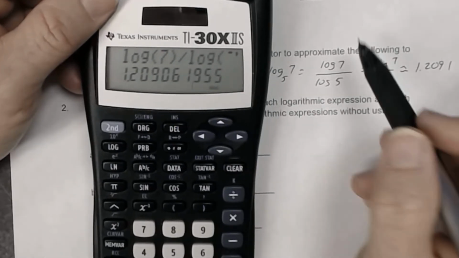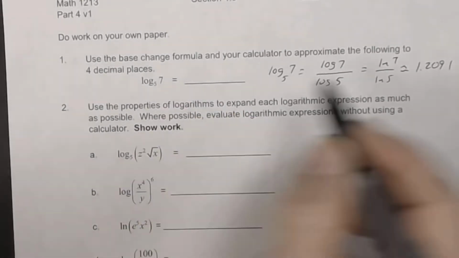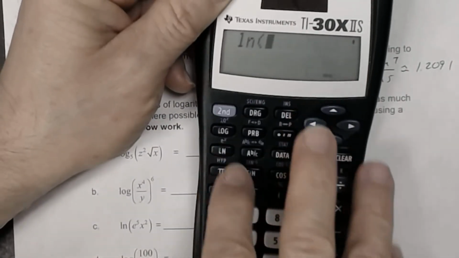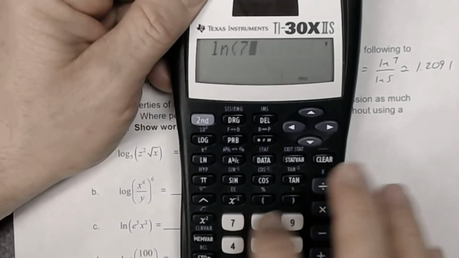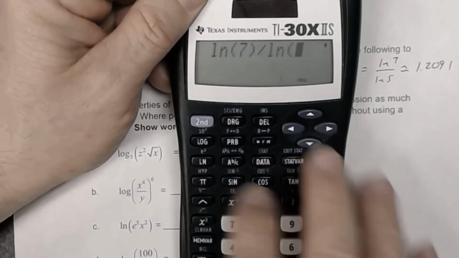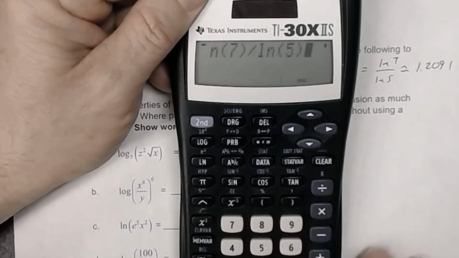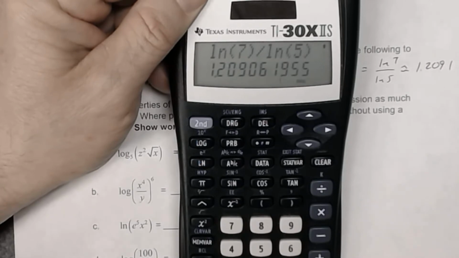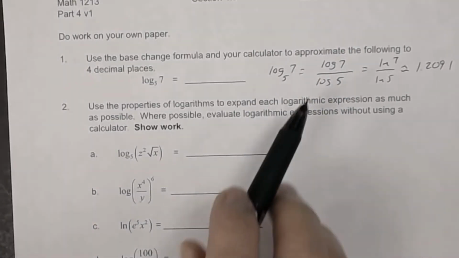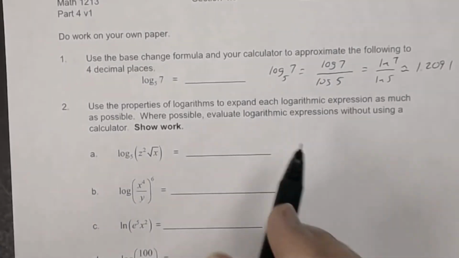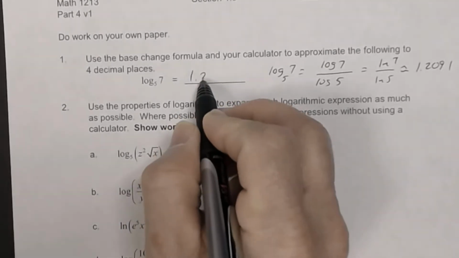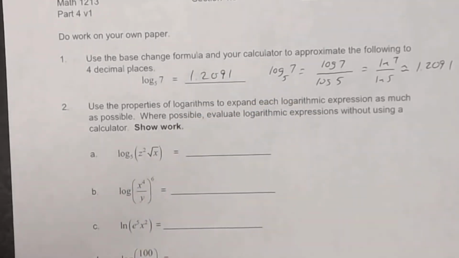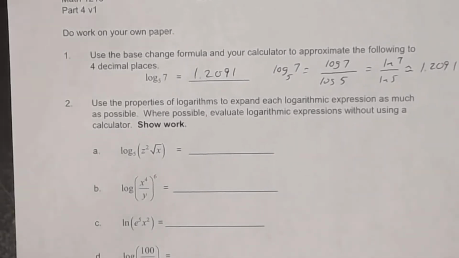And if you said natural log of 7 divided by natural log of 5, close the parentheses, press equal, and notice you get the same thing. It didn't matter whether you used the common logarithm or the natural logarithm. So 1.2091.